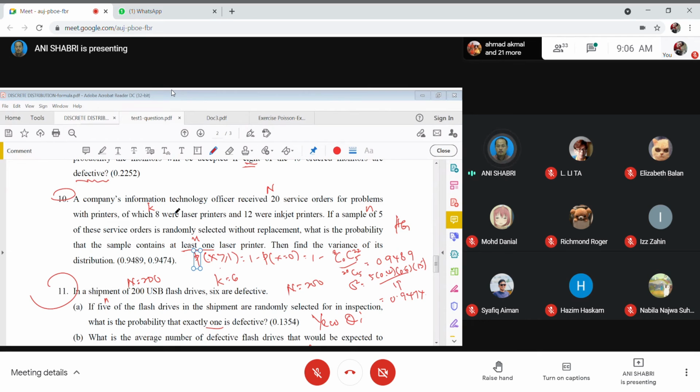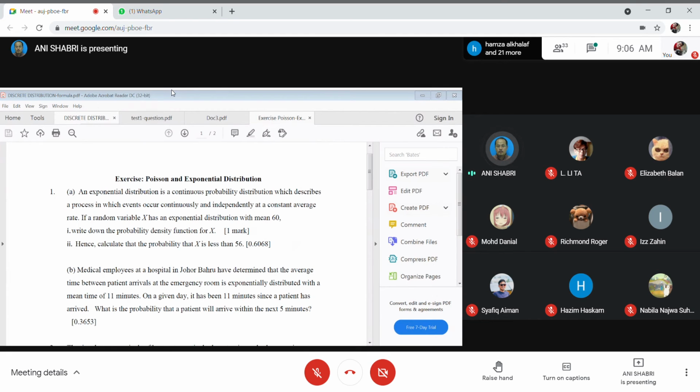Okay, today we go to Poisson distribution, Poisson and exponential distribution. You can take the notes. This one is the note, and the exercise you can find.